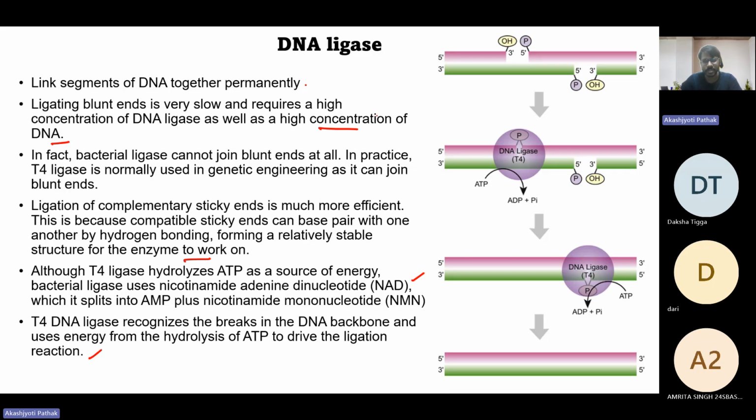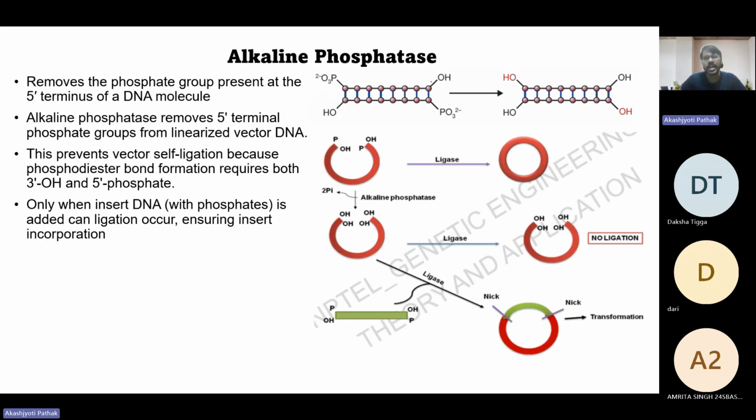Now there is another enzyme, which is alkaline phosphatase. Phosphatase means what? It will remove your phosphate group. So see this figure. Your DNA will have a 5' end and a 3' end on the upper strand, and here there will be 3' to 5' on the other.